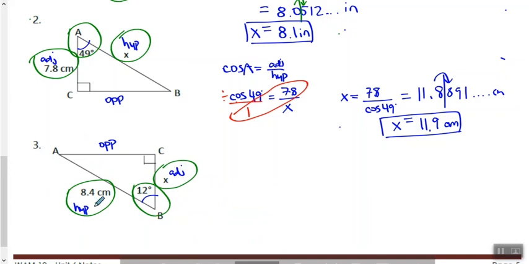So circling adjacent and hypotenuse, I am going to be using cos, of course. So cos of my angle is going to be my adjacent divided by my hypotenuse. Substituting in, so cos of 12 degrees equals my adjacent, which is x, divided by my hypotenuse, which is 8.4.